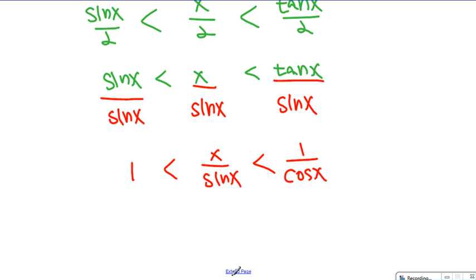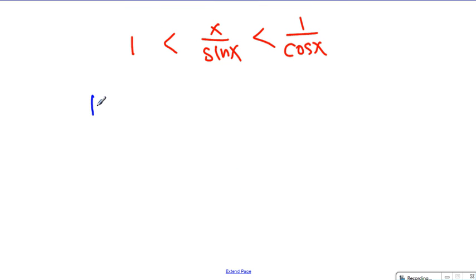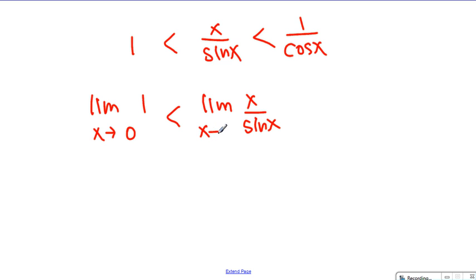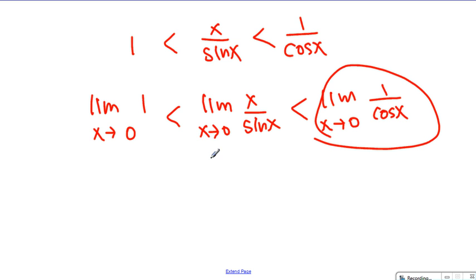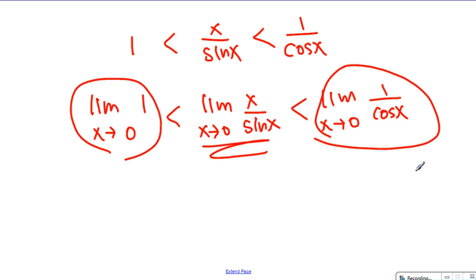Now, if we take the limit, then the limit of 1 as x approaches 0 is smaller than the limit of x over sine of x as x approaches 0, which is smaller than the limit of 1 over cosine of x as x approaches 0. These are the boundaries for this limit value.